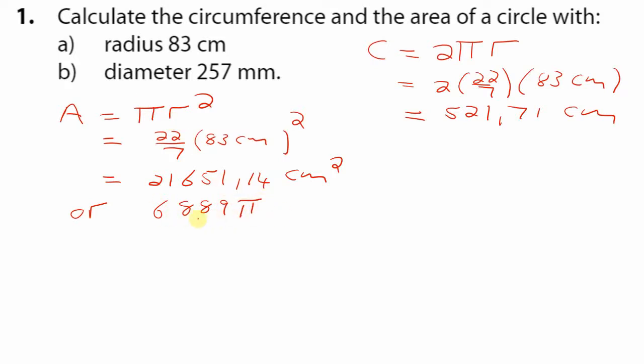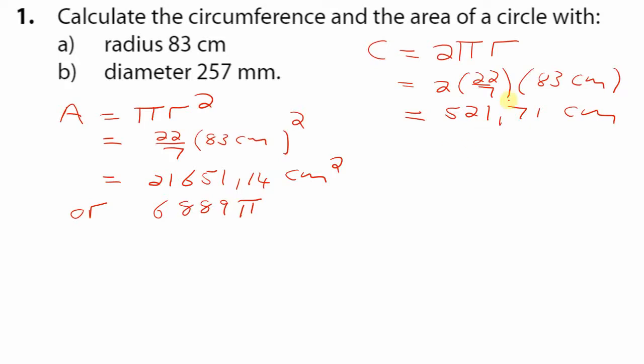So this is actually the most accurate answer. But sometimes it will be asked for you to use 22/7 as pi, or 3,14 or 3,142. So you have to be guided by the question when it explicitly indicates to you how to deal with it.